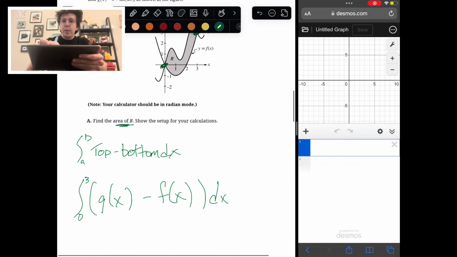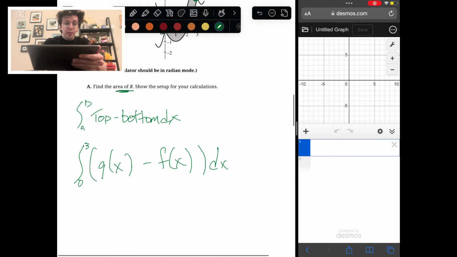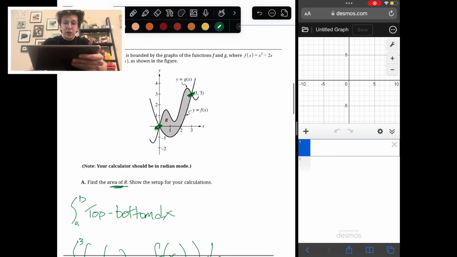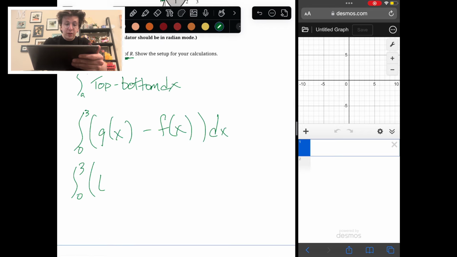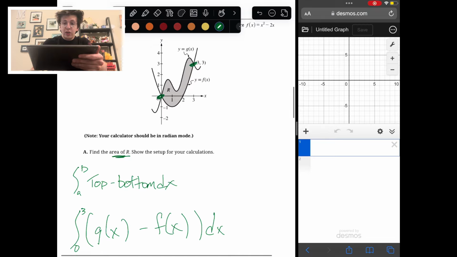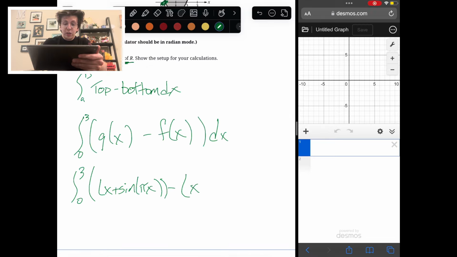Now, you can input the functions on paper, so I can do the integral from 0 to 3 of x plus sine of pi x minus our lower function, x squared minus 2x, dx, and that's what you can put into the calculator.